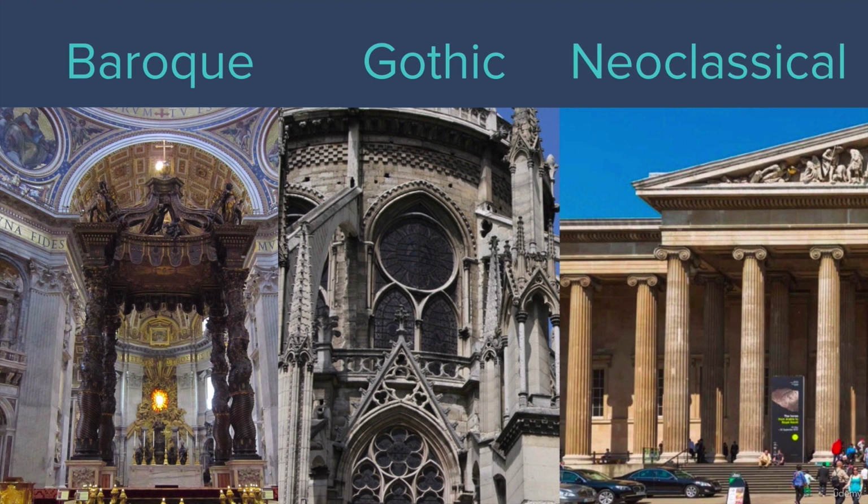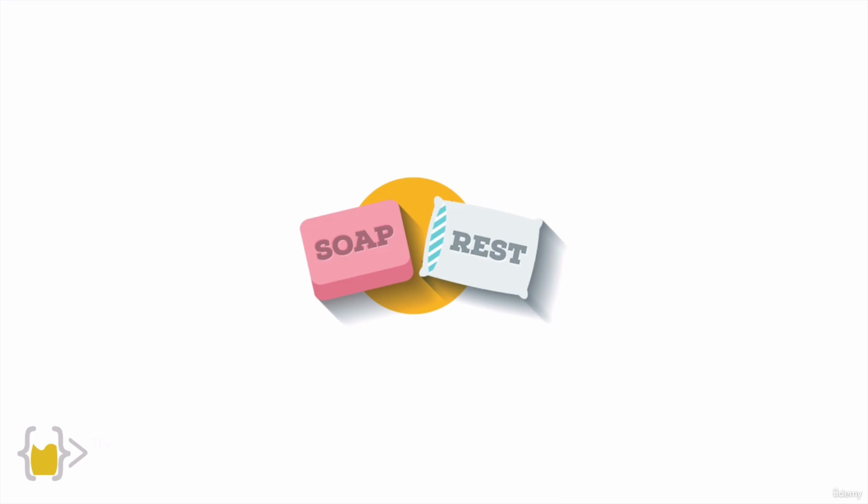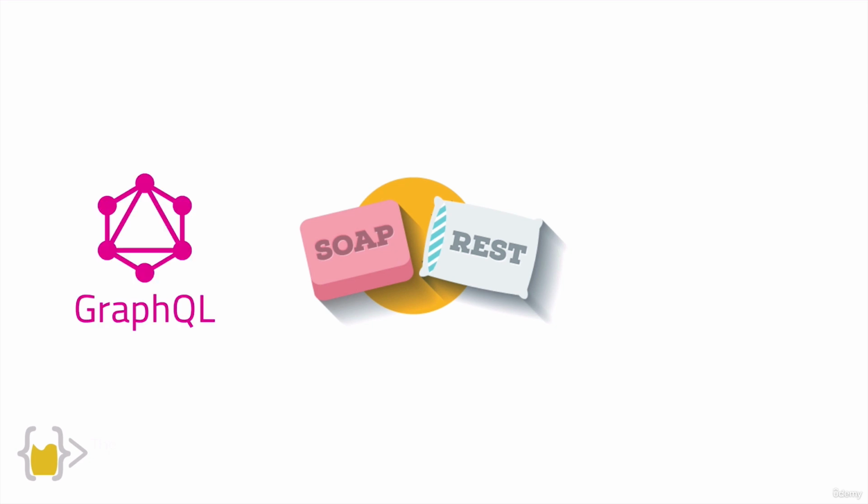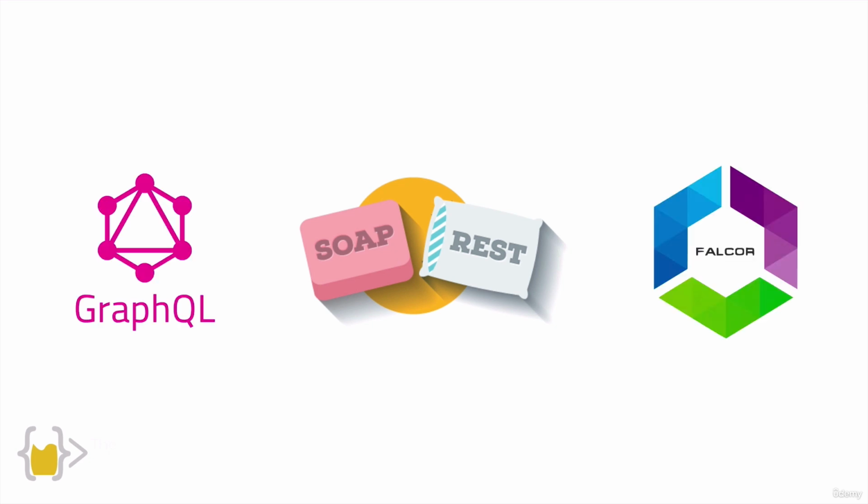So these are architectural styles for designing buildings. Well, REST is an architectural style for designing APIs, and it's definitely not the only architectural style. The other really popular one before REST became the dominant style was SOAP. And there's also GraphQL or Falcor, and there's a lot of other architectural styles. But the gold standard for web APIs is REST. So that's what we're going to be looking at.